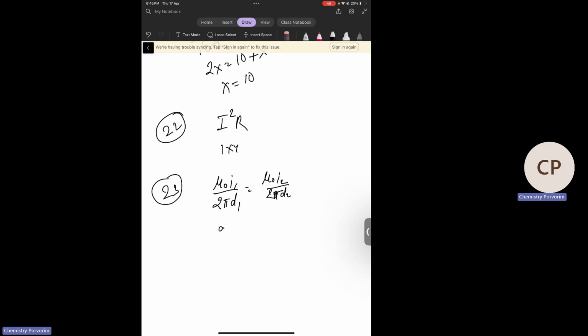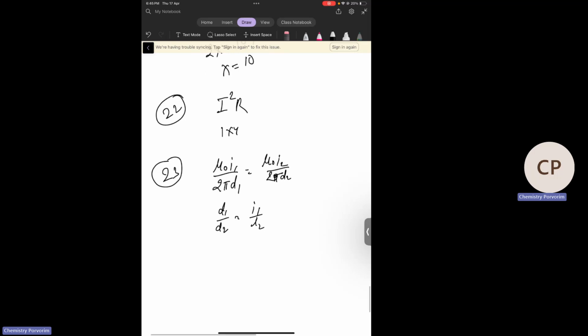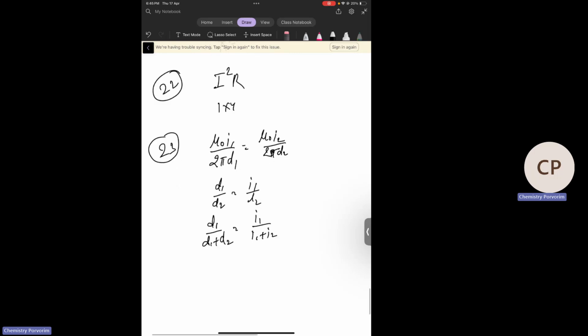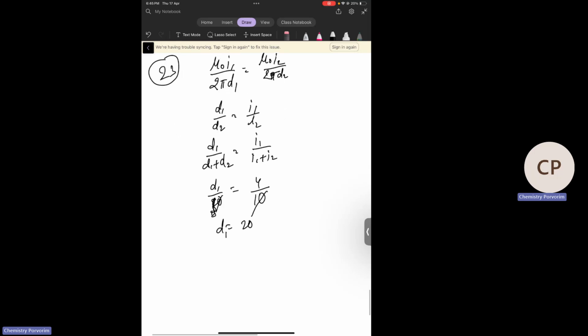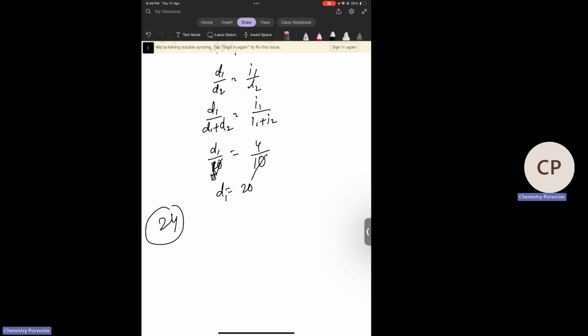So d1 by d2 is equal to I1 by I2, and d1 upon d1 plus d2 is equal to I1 upon I1 plus I2. d1 upon 50 is equal to 4 upon 10, 0 cancel. d1 is 20 centimeter. Option A.